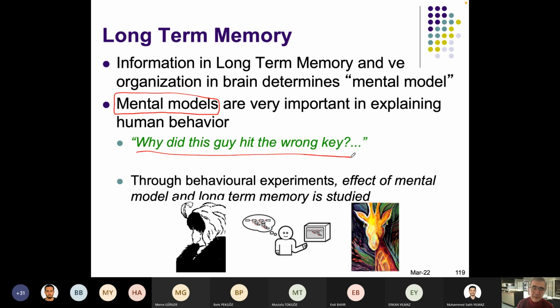So we need to understand why the person is hitting the wrong input. If we can correct that, because he or she is hitting the incorrect key based on the information taken from the interface, which creates a model in the brain and then acts. So mental models try to explain our behavior.